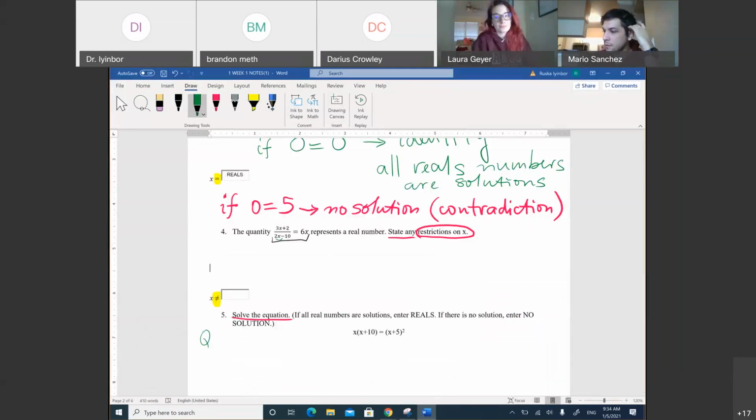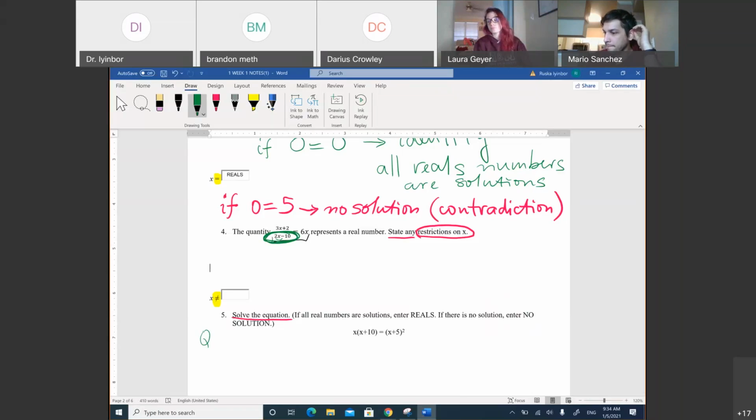So that's where the restrictions come from. The bottom of the fraction, everything down here, cannot be 0, because if it's 0, this equation is undefined. It doesn't make sense, right?